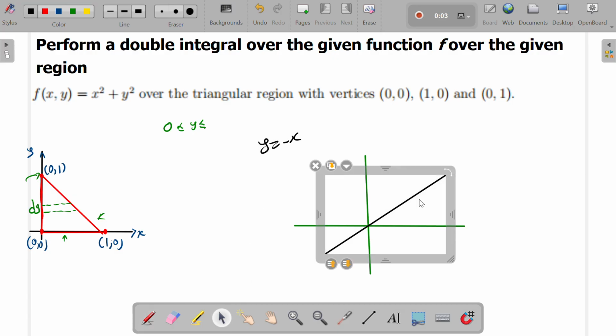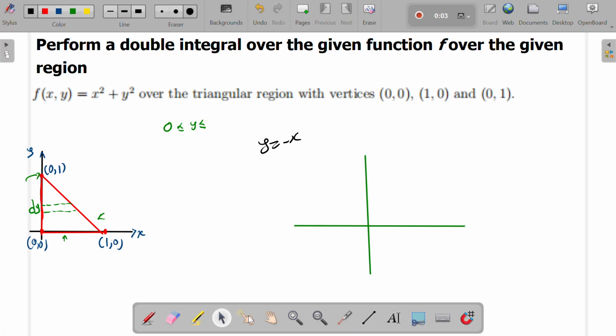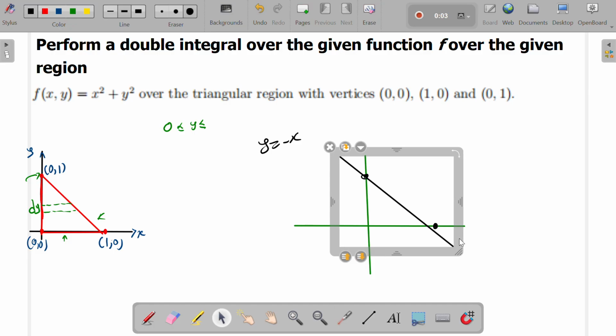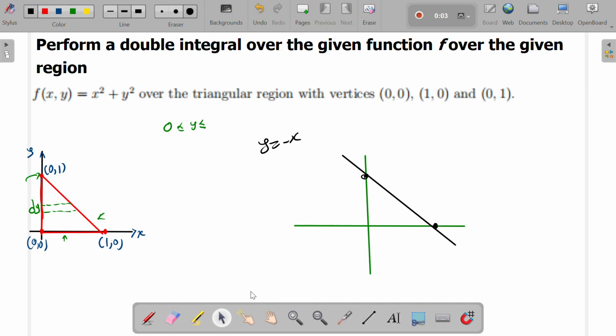This function changes, and it becomes something like that. But observe that the one we have here isn't passing through the center. It's passing through this point here and another point here, so it's been shifted like that.